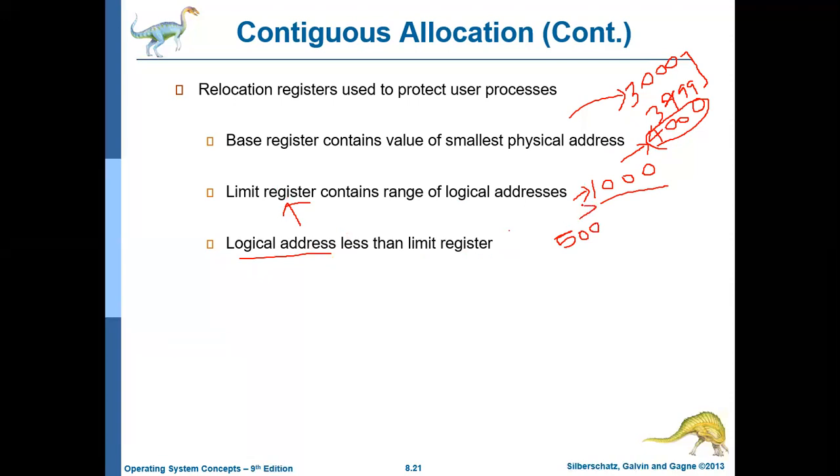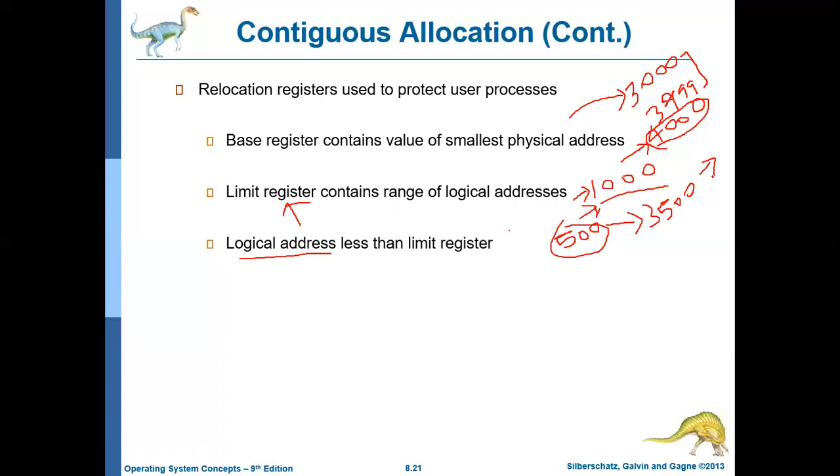Yes, 500 is less than whatever is stored in the limit register, so it will be allowed to access. But before allowing access, this 500 will be added with the content of the base register. What is the base register? 3000. So the resultant address will be the physical address, 3500. Now the CPU will be allowed to access the location 3500.